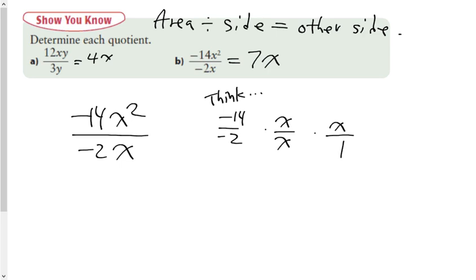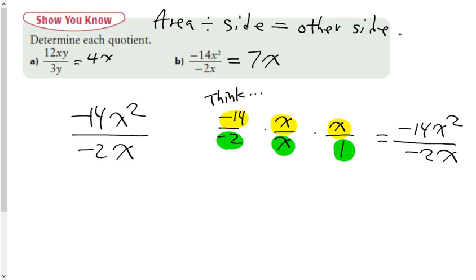Because if I multiplied these numerators out, negative 14 multiplied by x, multiplied by x, I would get negative 14x squared. And if I was to take those denominators, negative 2, x, and 1, and multiply them together, I would get negative 2x. So I'd get the original question I have here, right?